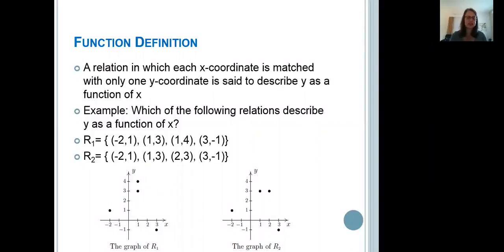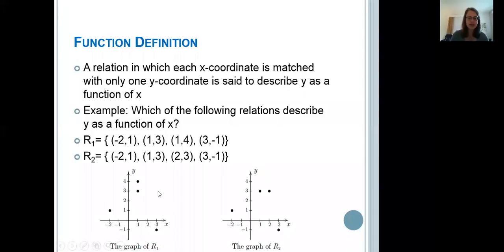So let's take a look at these two graphs I've got down here. Relation 1 is just made up of these points: (-2, 1), (1, 3), (1, 4), and (3, -1). One of these two graphs represents this relation. Let's see which one it is. This one on the left. We've got the point (-2, 1), the point (1, 3), the point (1, 4), and the point (3, -1).